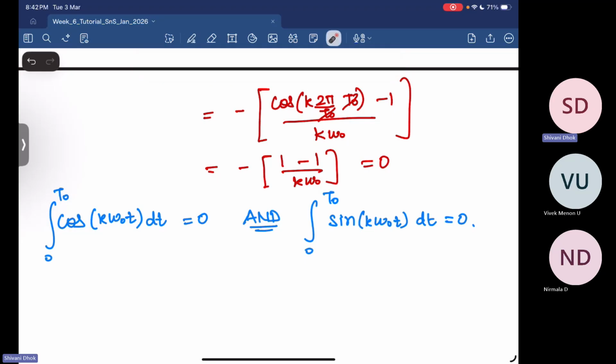So if you have a cos or sine corresponding to the kth harmonic of your signal, and you integrate that over one period of your original signal, then the integral is equal to 0. This is like you have multiple cycles, or rather k cycles, in one period t naught. Because of that, there will be obviously cancellations. Area under the curve will be equal to 0. That's all that we have here.